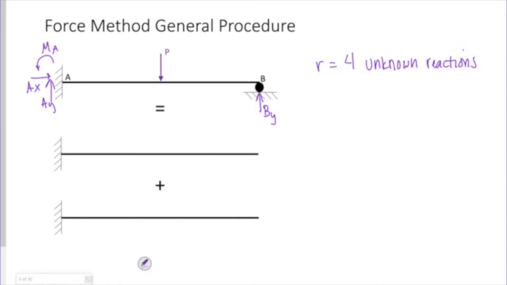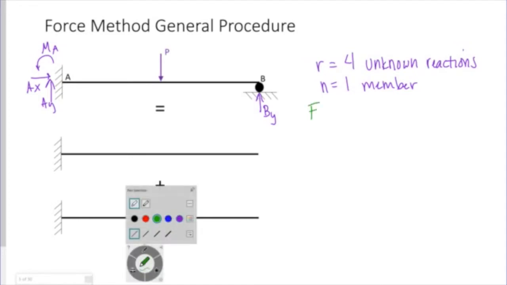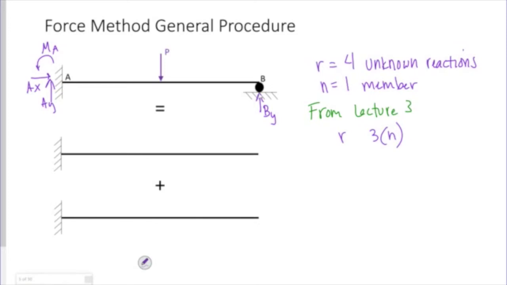And how many members? 1 member, 1 beam, right? So that means, if I go back to lecture 3, I have R, and I have to compare it to 3N. 3 meaning our 3 equations of equilibrium. In a coplanar 2D structure, that is the sum of the forces in the X, the sum of the forces in the Y, and the sum of the moments about Z. Those are all equal to 0.